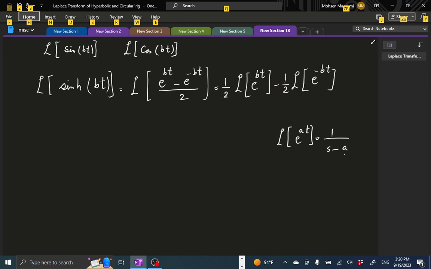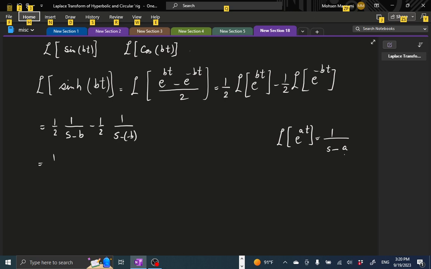Is that right? So I can continue. For this one, it's going to be a factor of 1/2 times 1 over s minus b, and then minus 1/2 of 1 over s minus negative b, so s plus b.